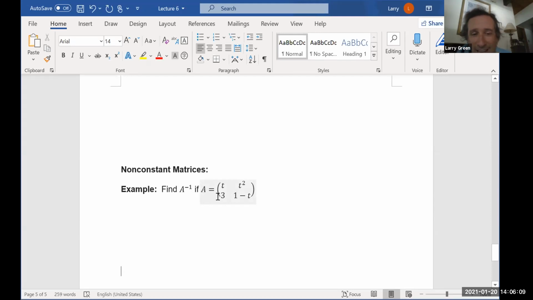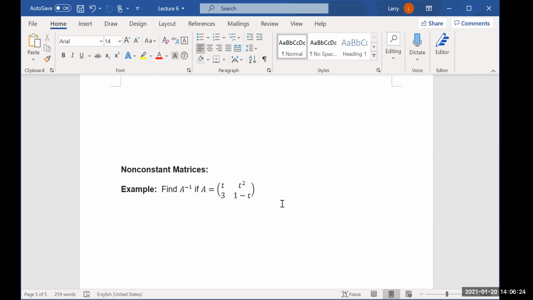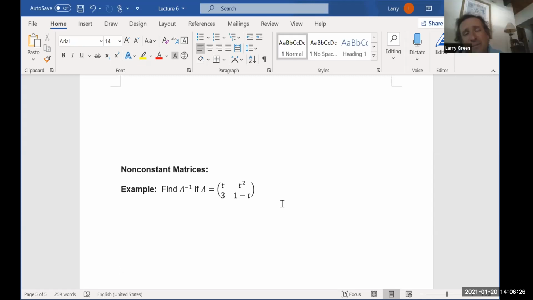So let's say A was the function matrix t squared, 3, 1 minus t. Is that a matrix? Yes. Yeah, it's a matrix, but it's not a matrix whose entries are just numbers. It's a matrix whose entries are functions.